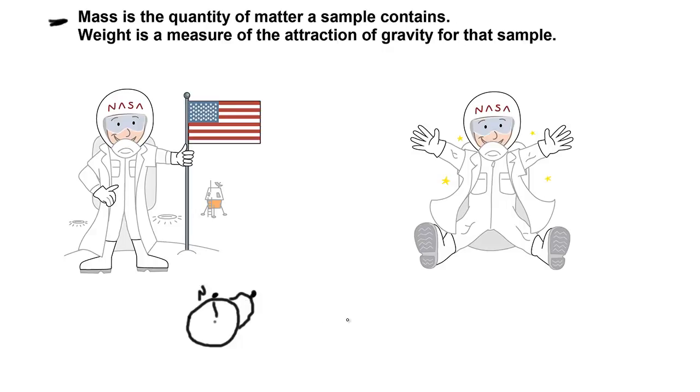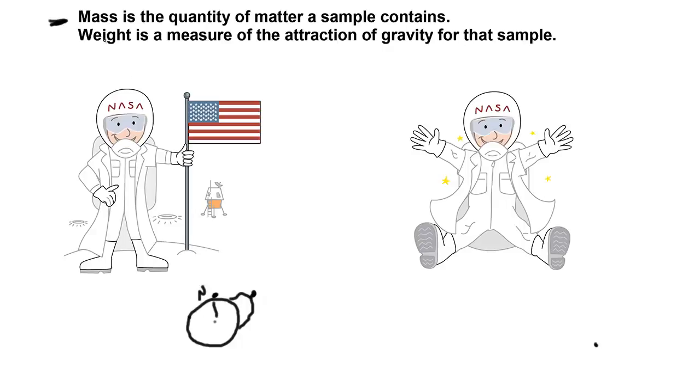Well, what if we go so far out in space that we are really, really far away from that? Notice that we are weightless. So notice that we go from a weight that is the strongest to a weight that is reduced. In fact, it goes all the way to 0.